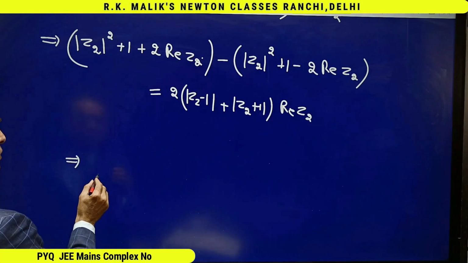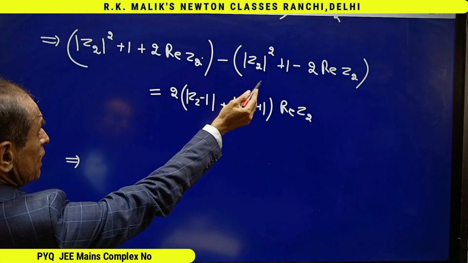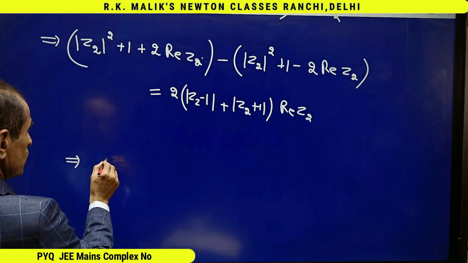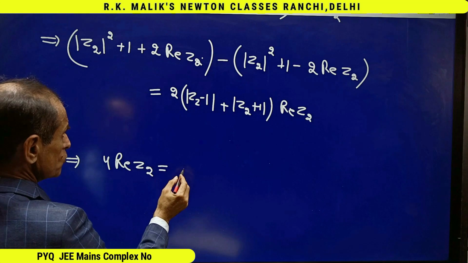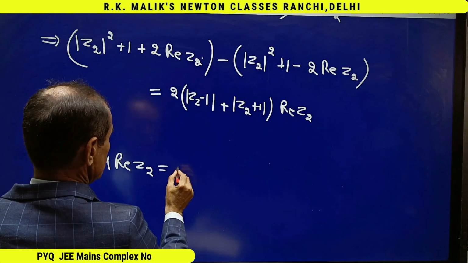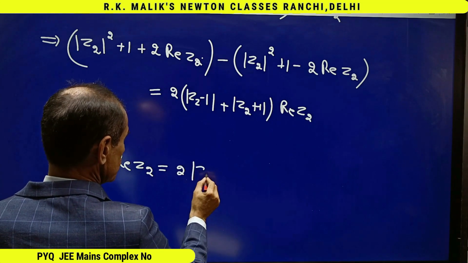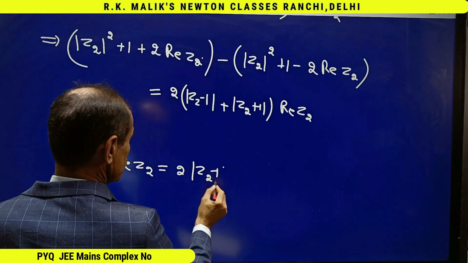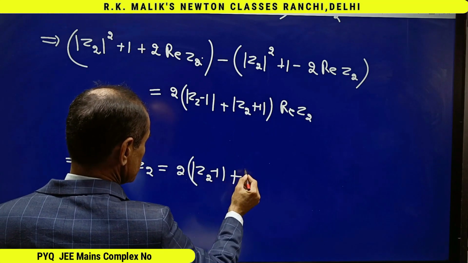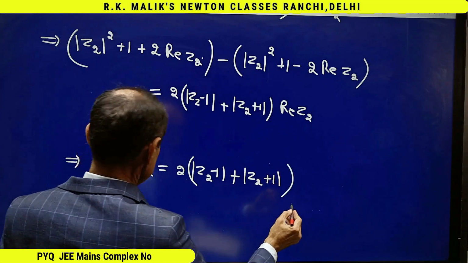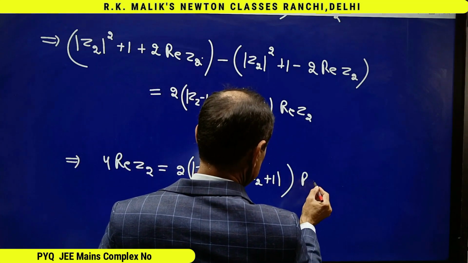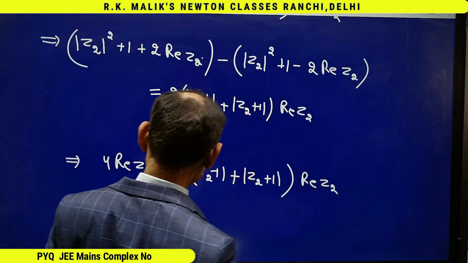This implies that after simplification I will get 4 times real part of Z2 equal to 2 times mod of Z2 minus 1 plus mod of Z2 plus 1 into real part of Z2.